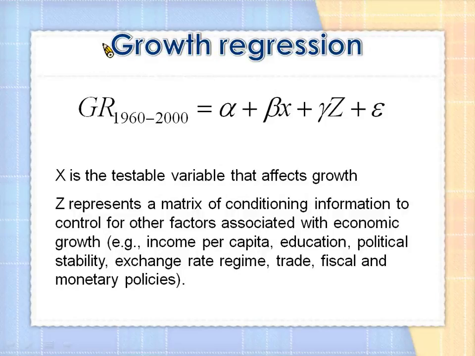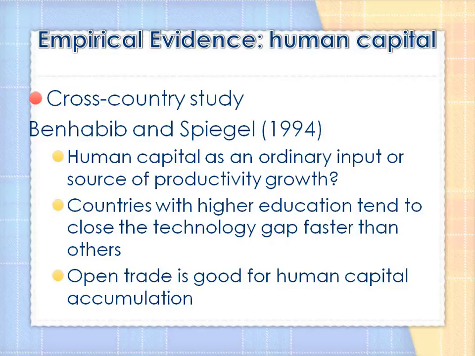Control variable is a matrix of conditioning information to control for the factors associated with economic growth: income per capita, education, political stability, exchange rate, trade, fiscal and monetary policy. These are control variables Z. And you can test for X and see what's going on. And if you can explain this, what is left is what we call the technological change.